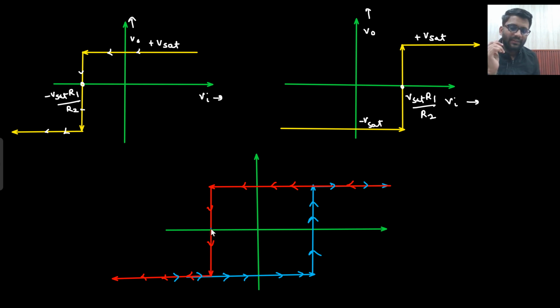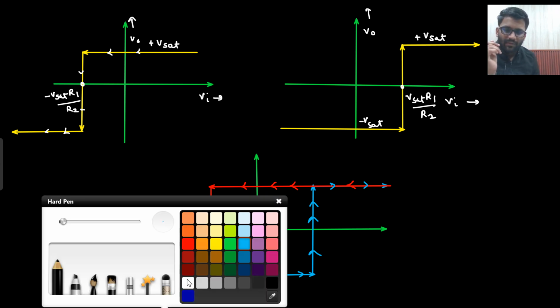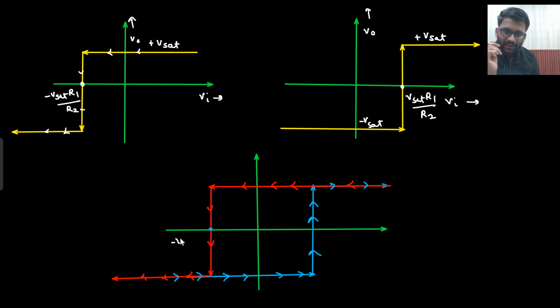Okay, this point was minus V set into R1 by R2 and this point was plus V set into R1 by R2.